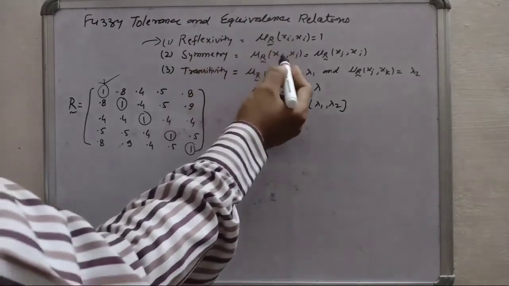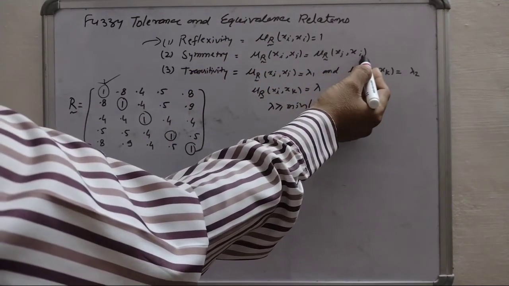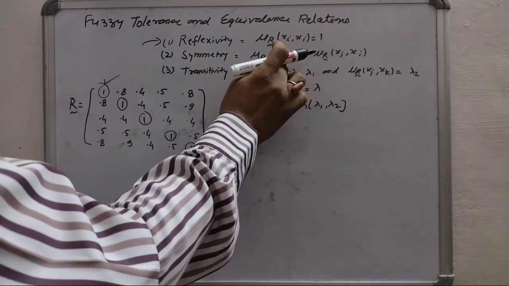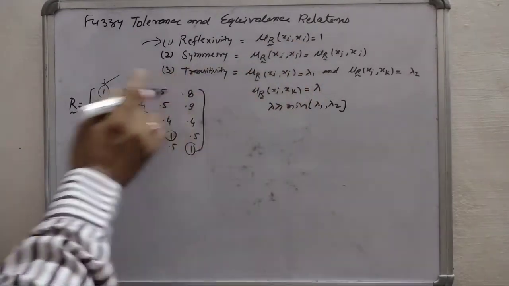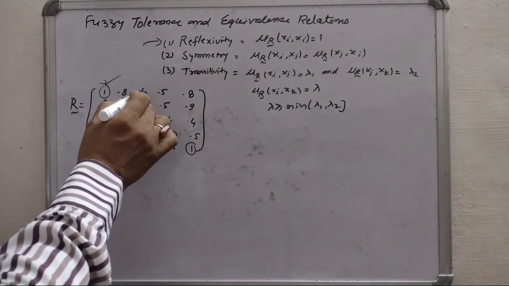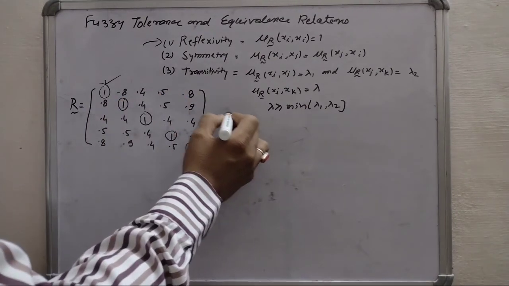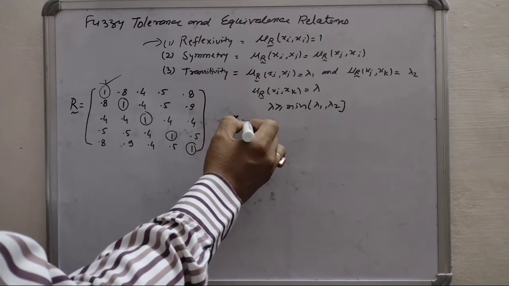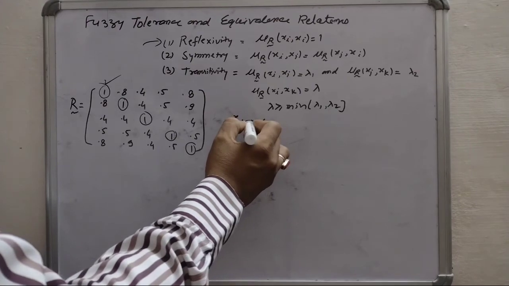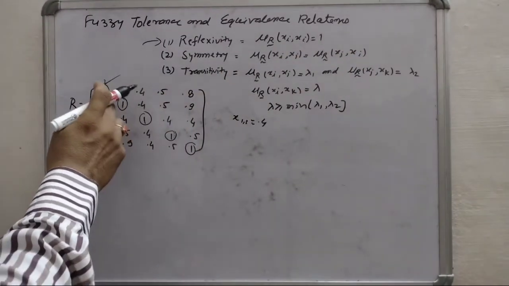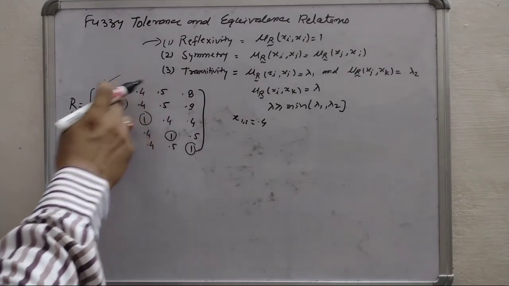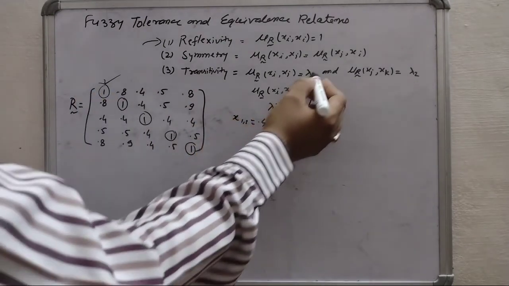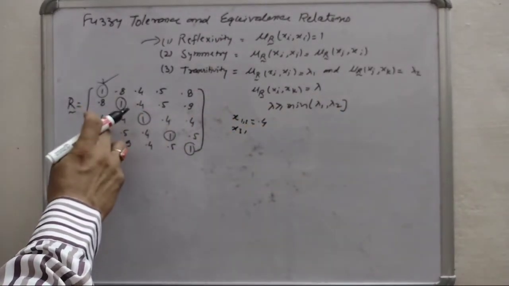Then symmetry: xij equals xji. You can check, take any value of i and j. Suppose I am taking i equals 1 and j equals 3. So x13 means first row, third column, so x13 is 0.4. And x31 is third row, first column.